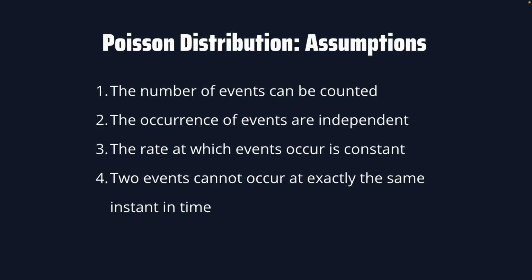Then the second one says that the occurrence of events is independent. Our project also follows this assumption because the occurrence of one goal does not affect the probability of the occurrence of another goal. So we can say that 2 goals are independent.